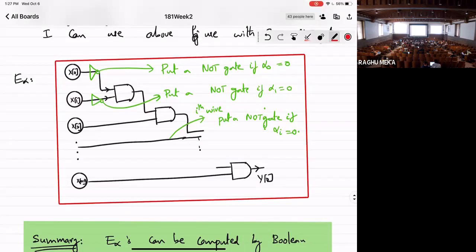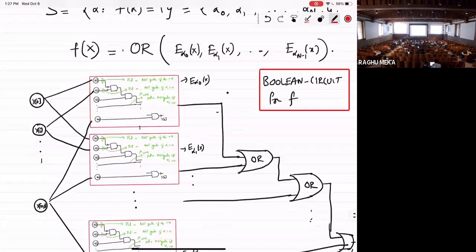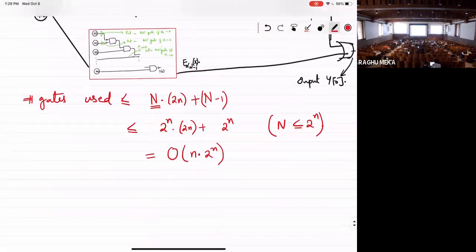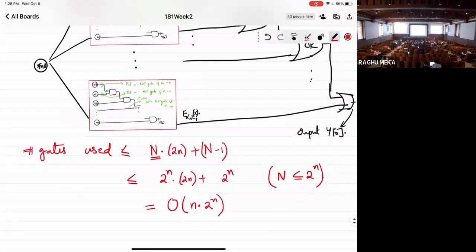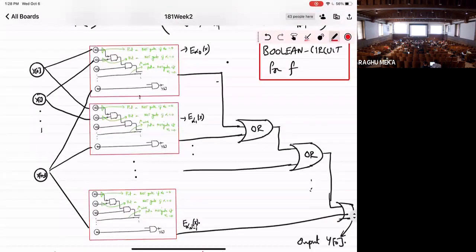Oh yeah, so because there are n red boxes, maybe let me write it. We have n of these boxes, and we're not reusing things.